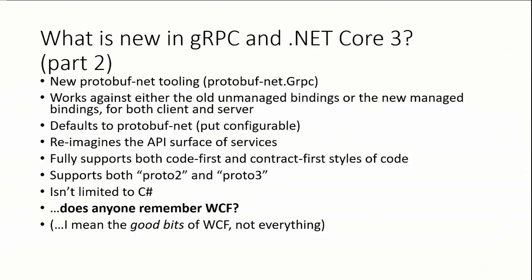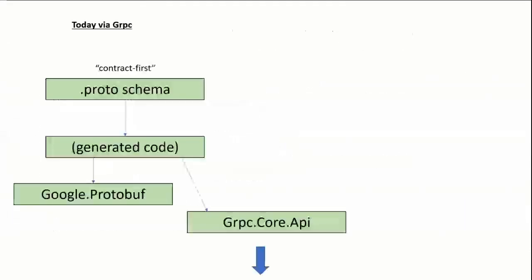So I'm just talking about the simple bits, the API surface of WCF, not all the 17,000 ways of configuring it with fault tolerance and distributed transactions. It's still going to be gRPC and subject to what gRPC is physically capable of. I'm just talking about the API surface.